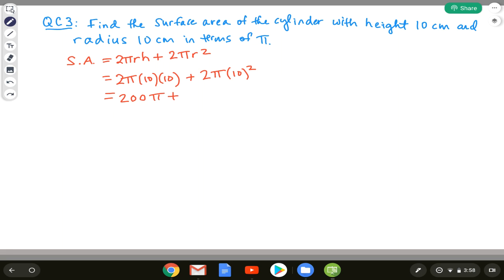And then I also have another 10 squared is 100 times 2, so another 200 pi. Those don't always end up the same, but they do this time because the radius and height are the same. When I add those together, I get 400 pi, and they asked me to leave it in terms of pi, so I won't put it in my calculator. And the units that we're using are centimeters this time, so my surface area will be in centimeters squared.